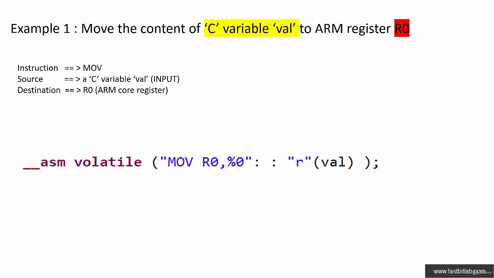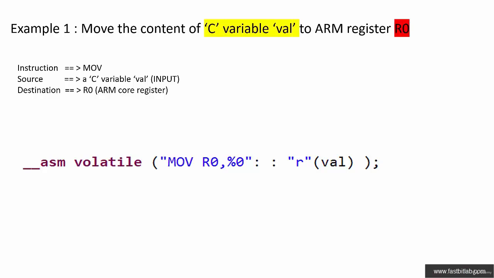Let's say your objective is to move the content of a C variable val to an ARM register. How do you do this? By using the inline assembly statement. Here you should first identify what exactly you are going to do, and you have to select one instruction from the ARM instruction set.